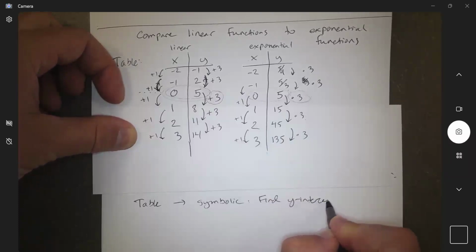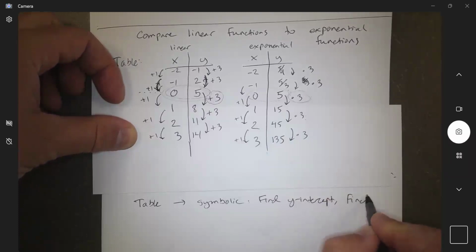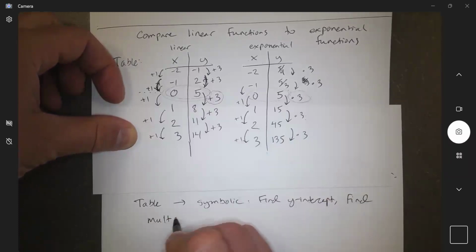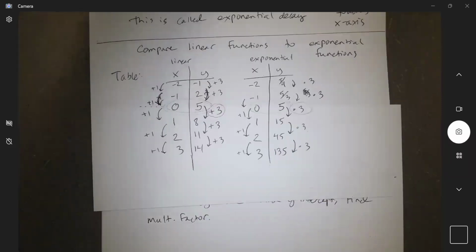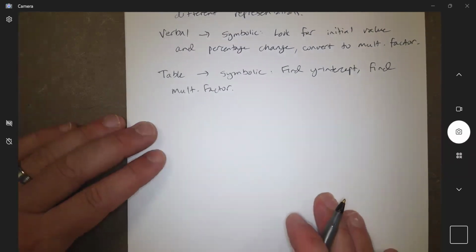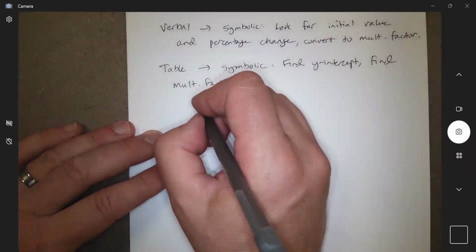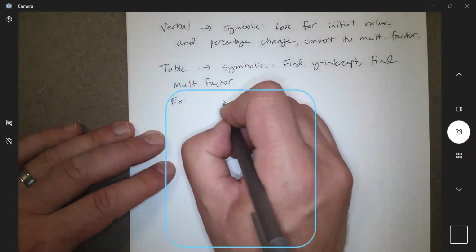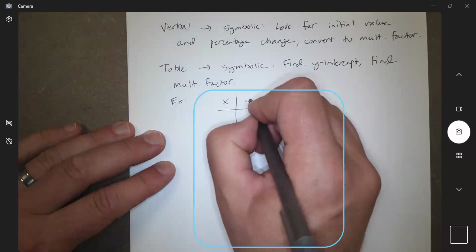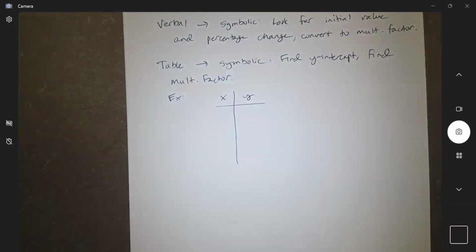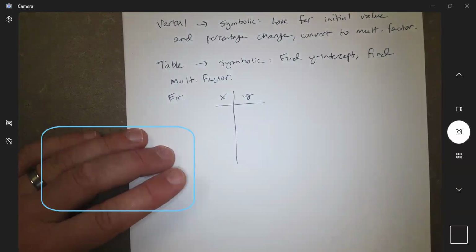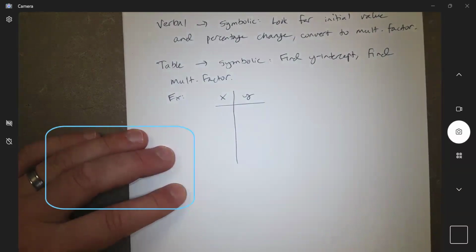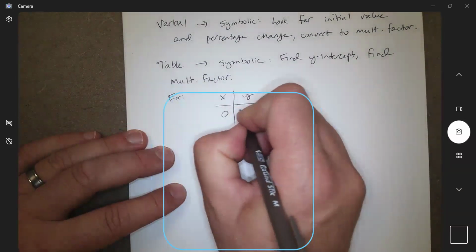Let me do another example of that. I'll do two different examples. Here's one.